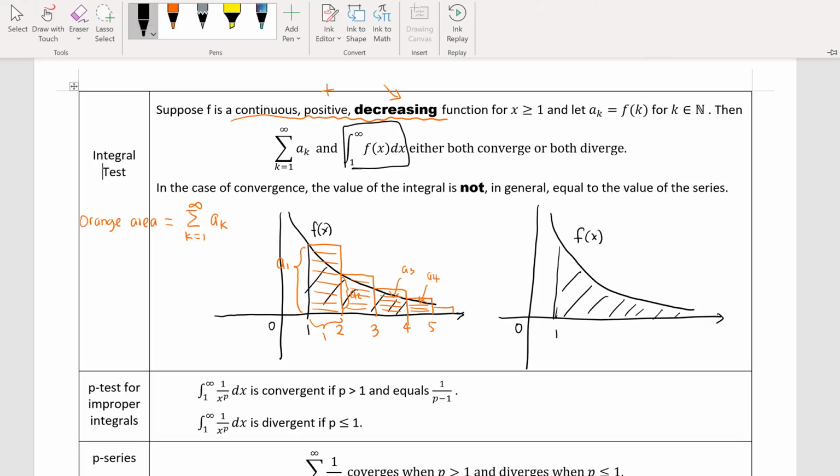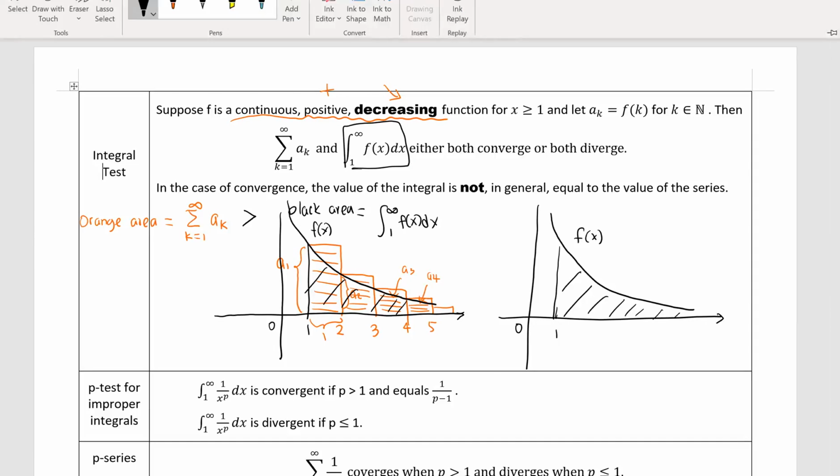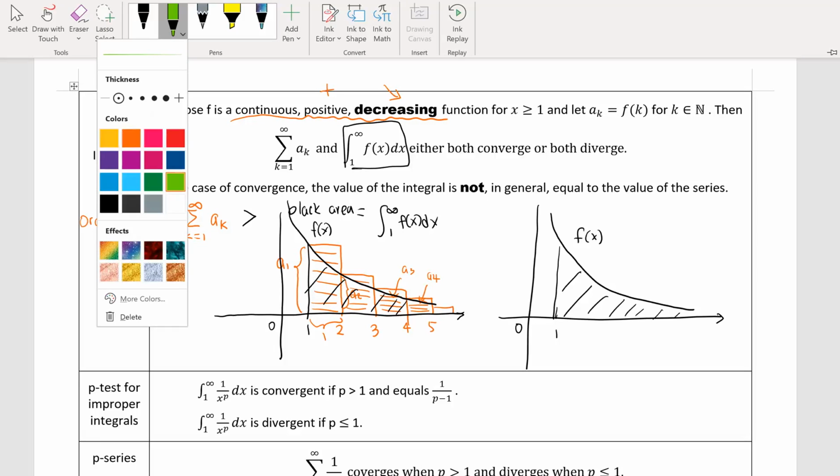And what is the black area? The black area is the integral from 1 to infinity of f of x dx. So that's the first picture. How about the second picture? For the second picture, let me choose a color. Let's see, do you like green?